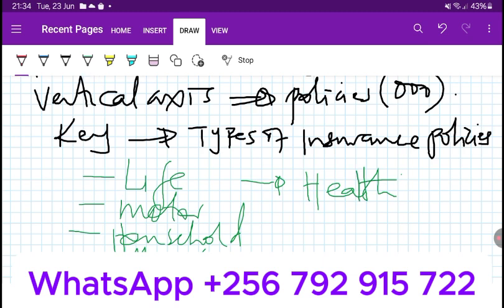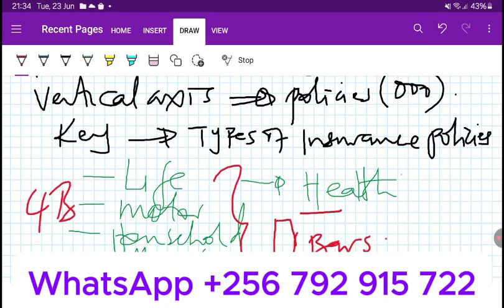Because if they have given us 5, we would need 5 bars. But since they gave us only 4, we need 4 bars, and each bar is representing a year. 4 bars for 2009, 4 bars for 2010, 2011, 2012, and 2013.